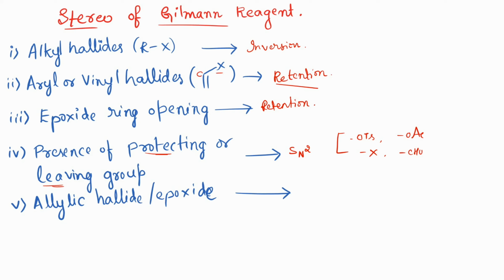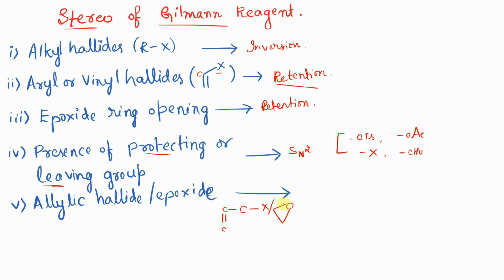Next, if you have allylic halides or allylic epoxides, that is, a carbon-carbon double bond in the group, with the carbon attached to one more carbon which is then attached to a halide group or an epoxide ring, then migration of the double or triple bond is possible.